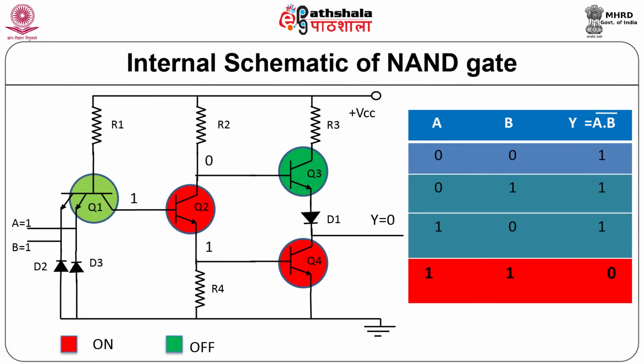If input A is at logic 1 and input B is logic 1, now transistor Q1 will be off because the emitter base junction of transistor Q1 is now reverse biased. This makes the phase splitter change to the collector at logic 0 and the emitter at logic 1. Due to this, transistor Q3 is off and Q4 is on, and hence the final output Y is at logic 0.